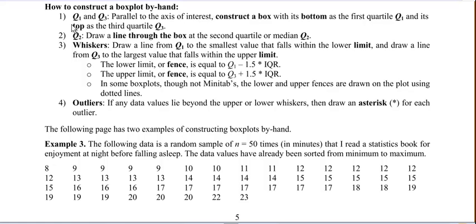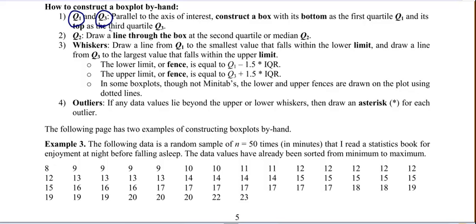To construct the box plot, we need the 5 numbers from the 5-number summary. The numbers we've already figured out how to determine are the first quartile, Q1, and the third quartile, Q3, and these become the bottom and top of the box.